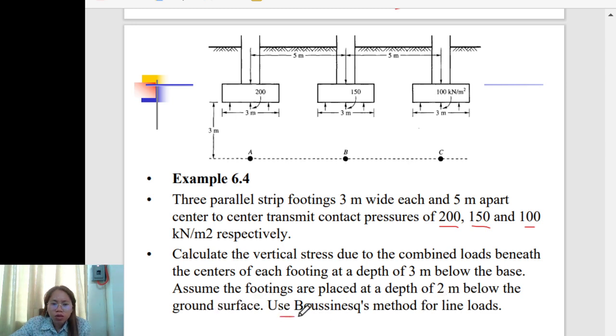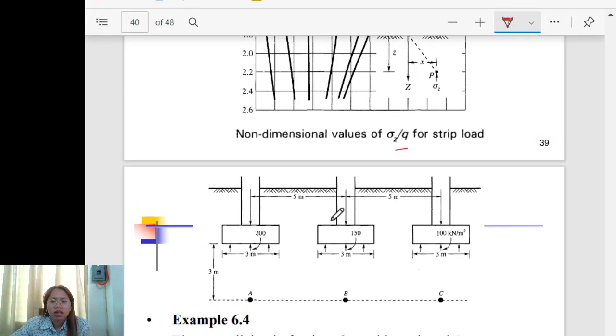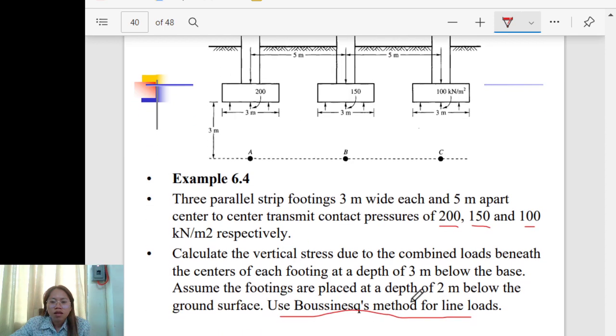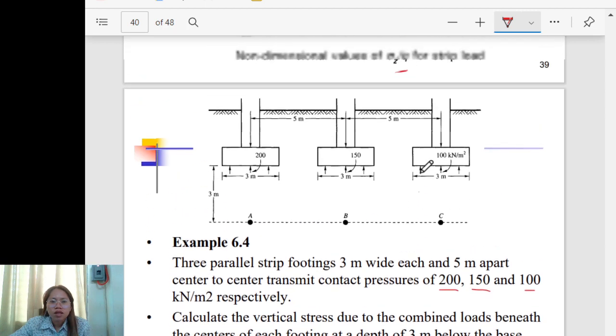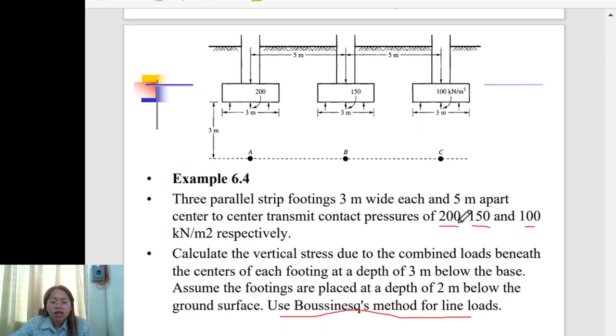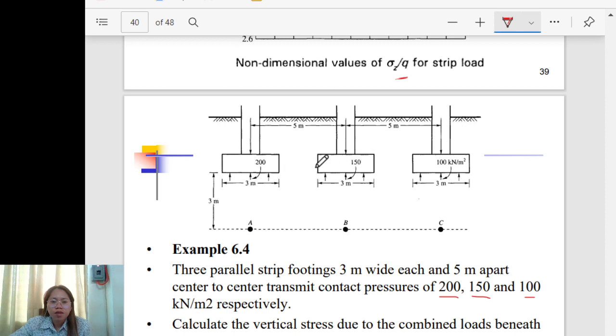So, use Boussinesq method for line loads. So, these are line loads, but still we'll be using the Boussinesq equation or method, no? So this is the strip, no?